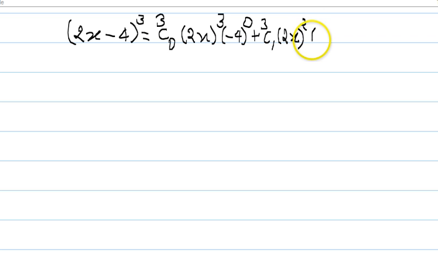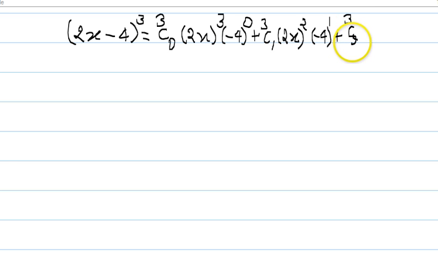Now the power of the second term. Here the second term is minus 4, and the power of the second term is always the subscript, so that will be 1. Now I will write the third term. When it was the first term, the subscript was 0. When it was the second term, the subscript is 1. Can you tell me what the subscript will be when we are writing the third term? You're absolutely right, the subscript is going to be 2.